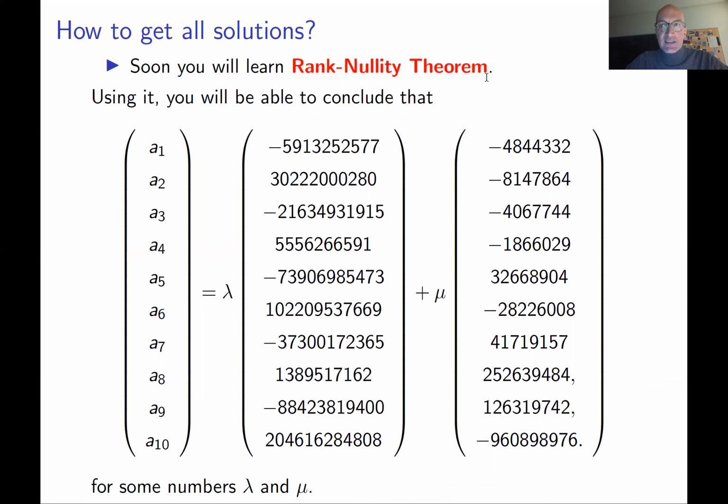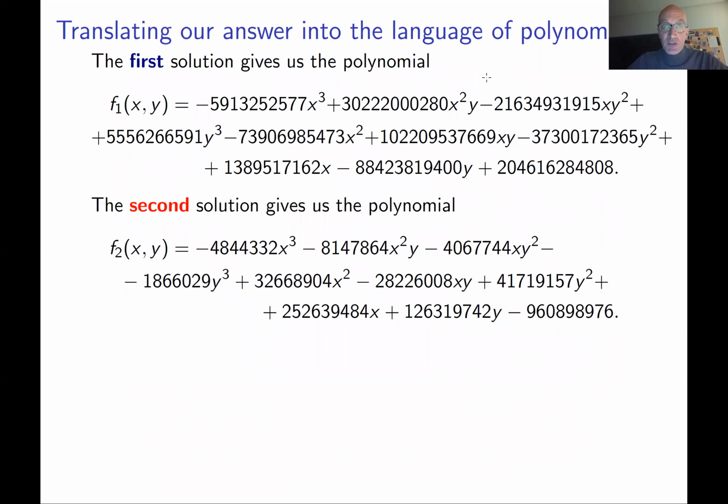Okay, now let's translate these solutions into the language of geometry. So this A1, A2, up to A10 are the coefficients of the polynomial equation that defines some curves. What is the translation of this slide into geometry? It basically says the following. You take a polynomial f1 which gives you the first curve, the blue curve, and then you take another polynomial, called f2 in this case, whose zeros give you the second curve, the red curve.